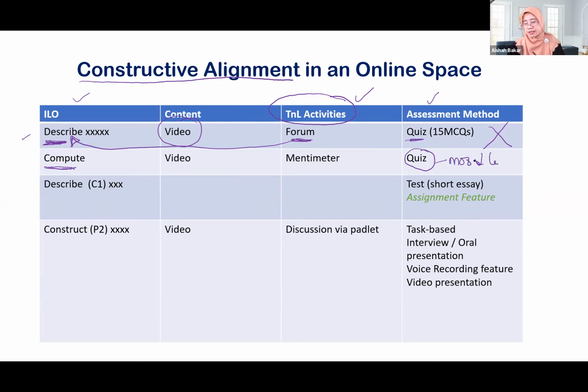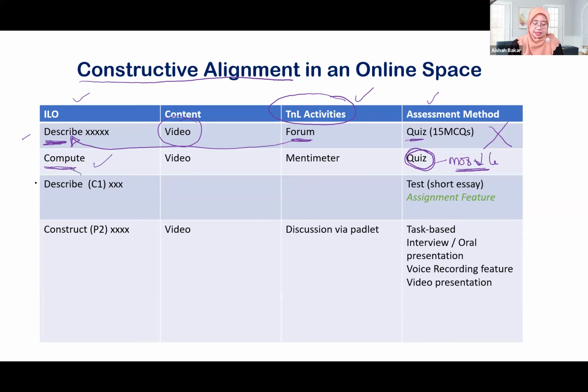So I think what the lecturer did here was, I cannot remember if he or she actually put quiz, because the way they did it was in Moodle they chose the quiz feature, but in actual fact when we probe, the assessment method that the lecturer uses is aligned to the learning outcome, right?